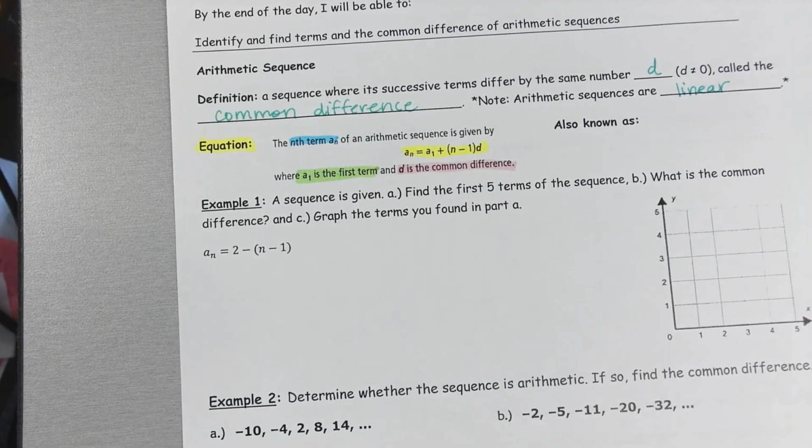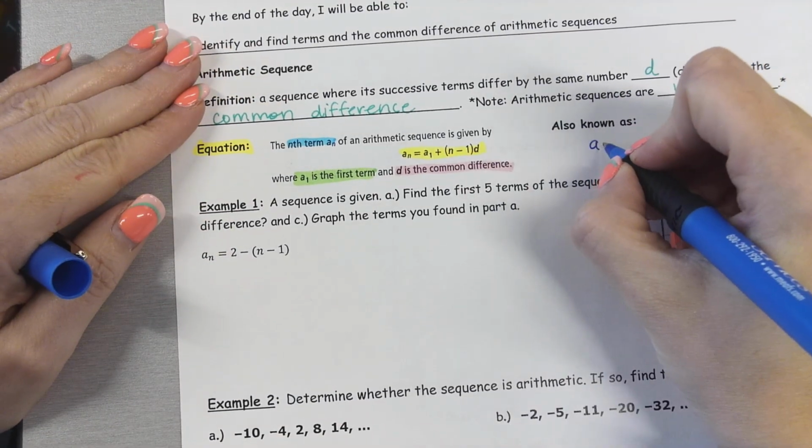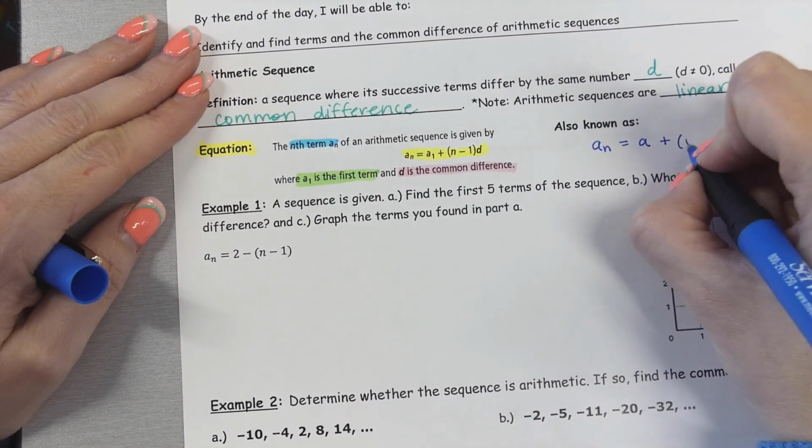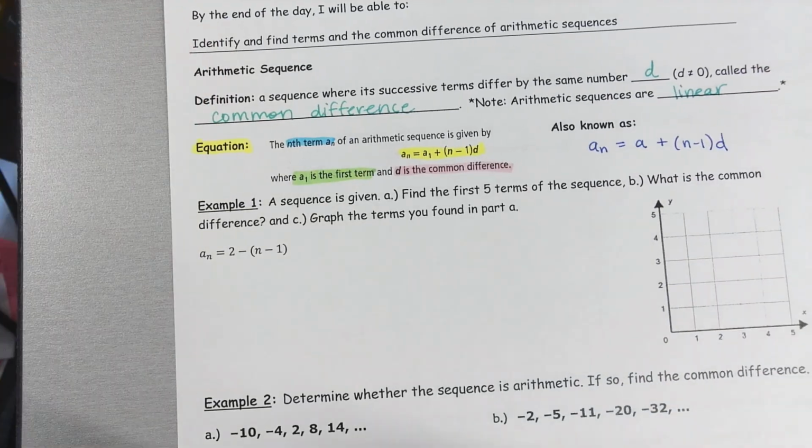Sometimes you will see this written without the a sub 1 term, so it is also known as a sub n equals a plus n minus 1 times d.